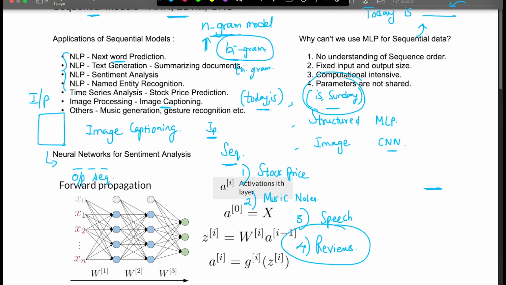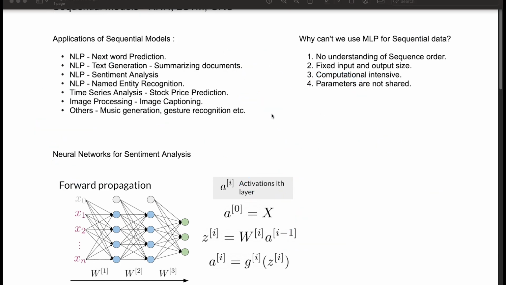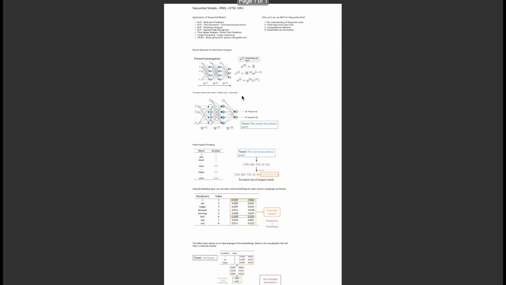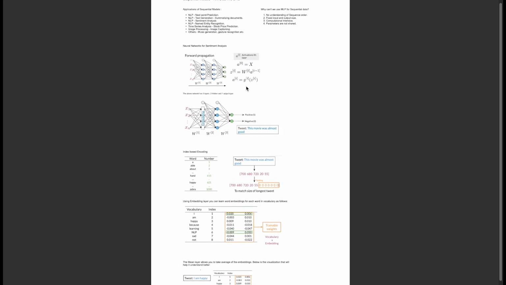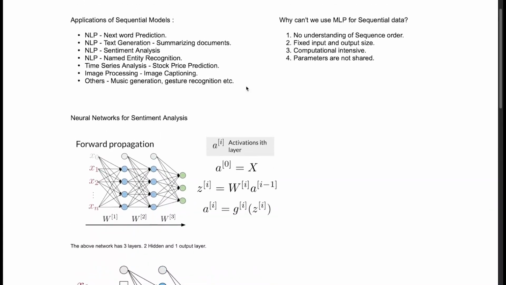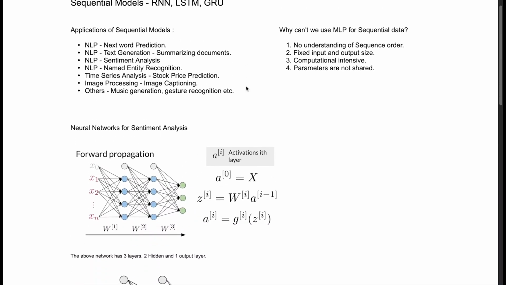But if you are closely observing n-gram models, the context window is fixed. Let's say that you are looking at the trigram model here, wherein you have three different words, which is "today is Sunday."